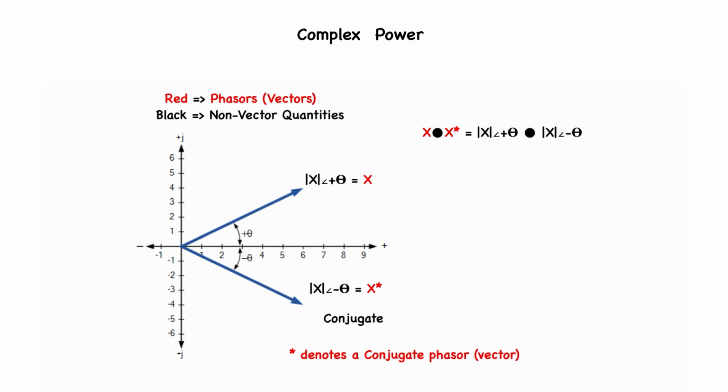Well, a plus theta and a minus theta will give you 0, and 2 x magnitudes together will give you an x magnitude squared at 0 degrees. A lot of times we leave the 0 degrees off a number when we're describing it, and that would just be magnitude x squared. So any phasor times its conjugate will give you the magnitude of that phasor squared.